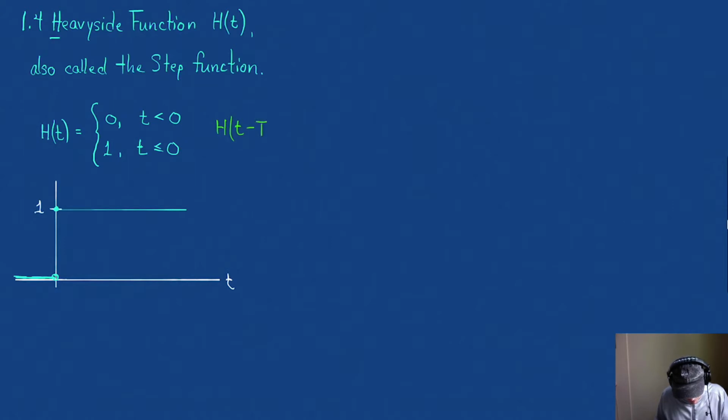So this is just the way we shift a graph. This would shift it to the right. If we had plus T, we would shift it to the left. Well, this becomes the shifted version. So it's 0 or 1, and it's 0 up until t is less than capital T, and it's 1 once t is greater than or equal to capital T.